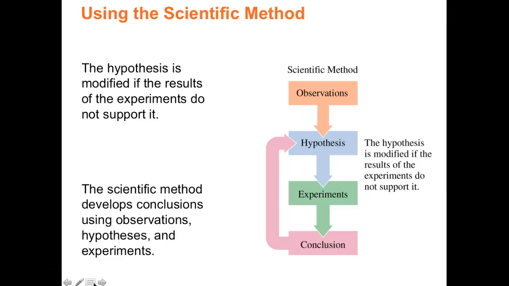Right, continuing with chapter 1 and sections 1.1 and 1.2, continuing where we left off from the previous video. We were talking about the scientific method and the different subheadings under the scientific method.